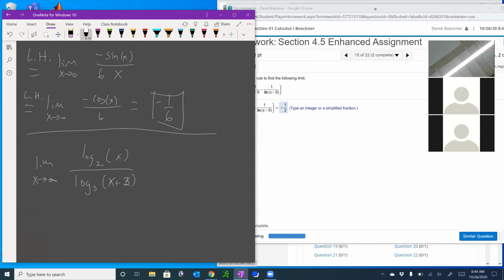X goes to infinity there. And it's infinity over infinity, so we can use L'Hopital's rule right away. I'll have 1 over x times natural log of 2.